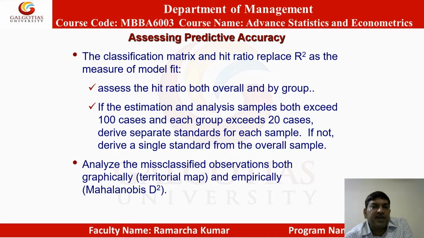Assessing predictive accuracy. The classification matrix and hit ratio replace R square as the measure of model fit. Assess the hit ratio both overall and by group. If the estimation and analysis samples both exceed 100 cases and each group exceeds 20 cases, derive separate standards for each sample.